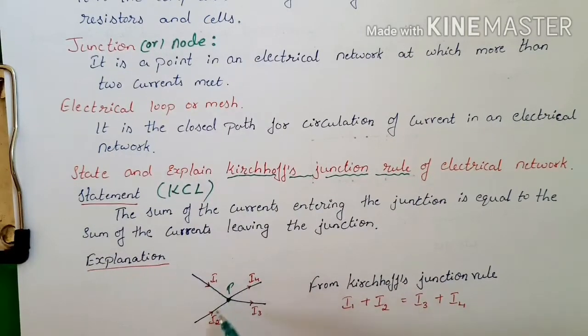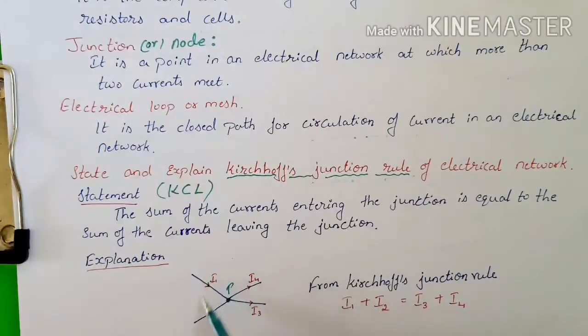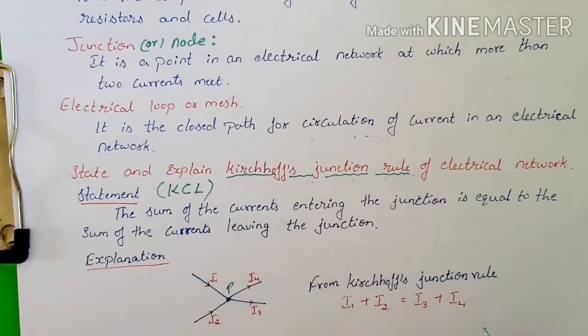How much current enters the junction, that much current exits. So no current stays at the junction. I1 plus I2 is equal to I3 plus I4. The algebraic sum of the currents entering the junction is equal to the algebraic sum of the currents leaving the junction.